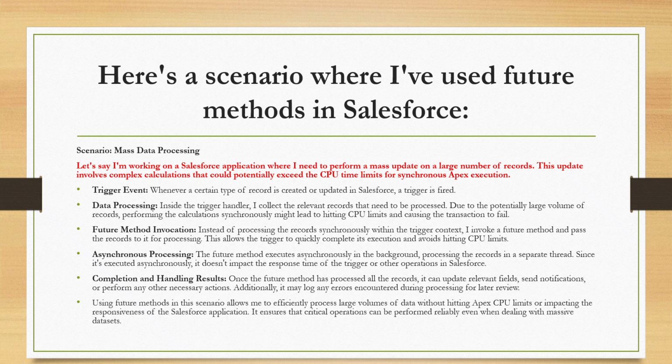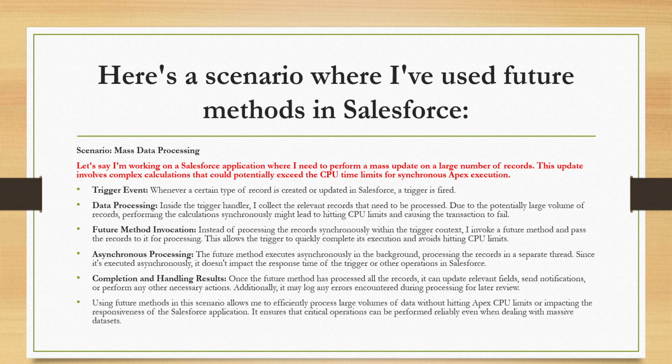Completion and handling results: once the future method has processed all the records, it can update relevant fields, send notifications, or perform any other necessary actions. Additionally, it may log any errors encountered during processing for later review.